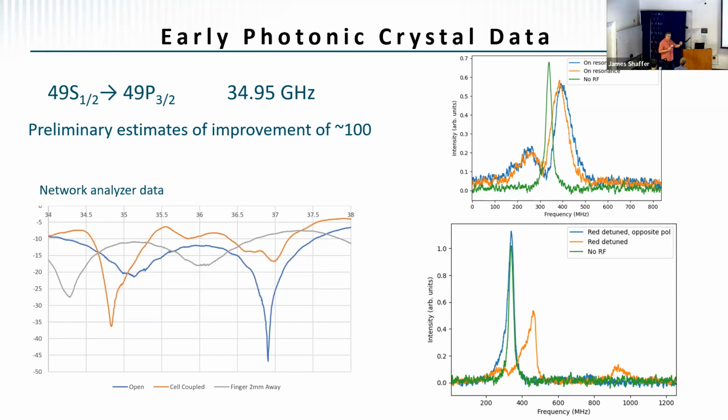With a dish, you can collect more RF and then couple it into your receiver. So this is really just the back end, and there's no amplifiers or anything. That's just a reflection of the raw sensitivity of the Rydberg atoms in this structure.